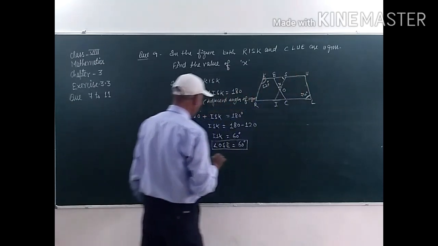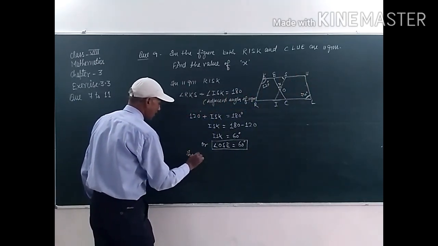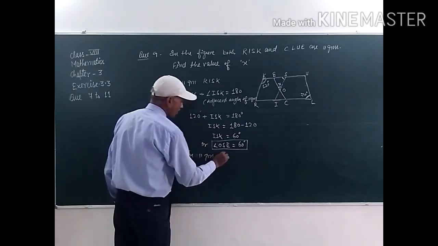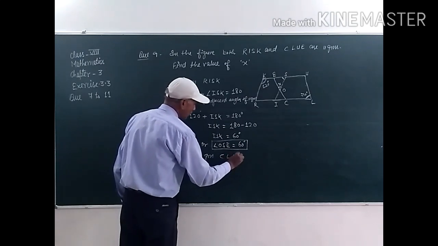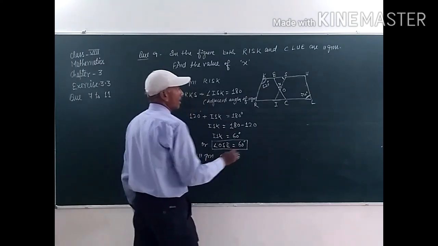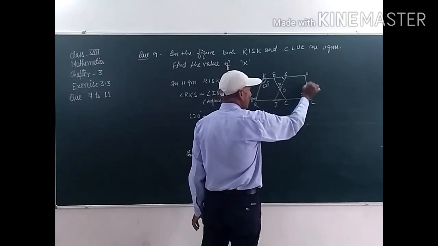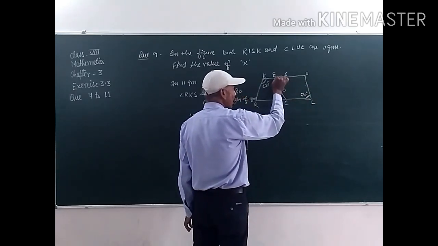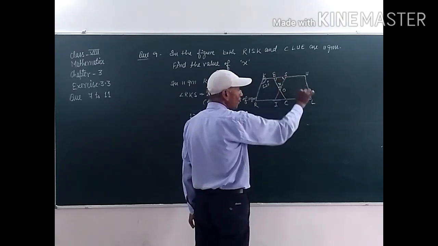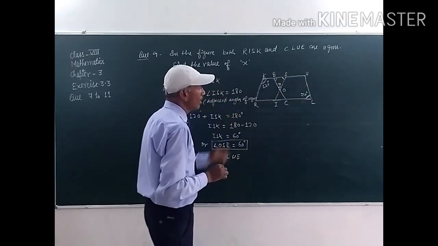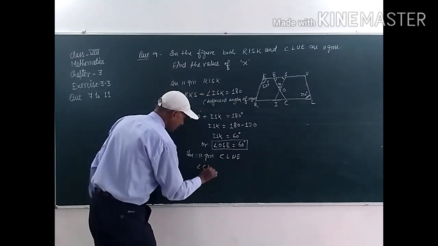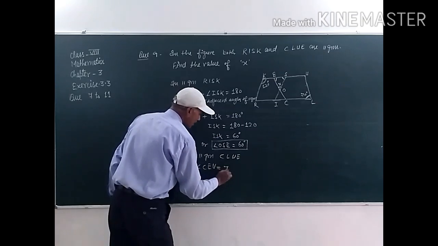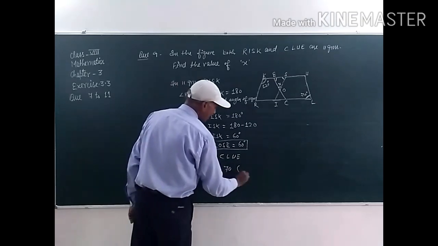Now in second part of this we have to take parallelogram CLUE. In parallelogram CLUE, these are the parallel sides, student, and this angle is equal to this angle. Opposite angles of parallelogram are equal. So angle CEU is equal to angle 70 degree. Reason?